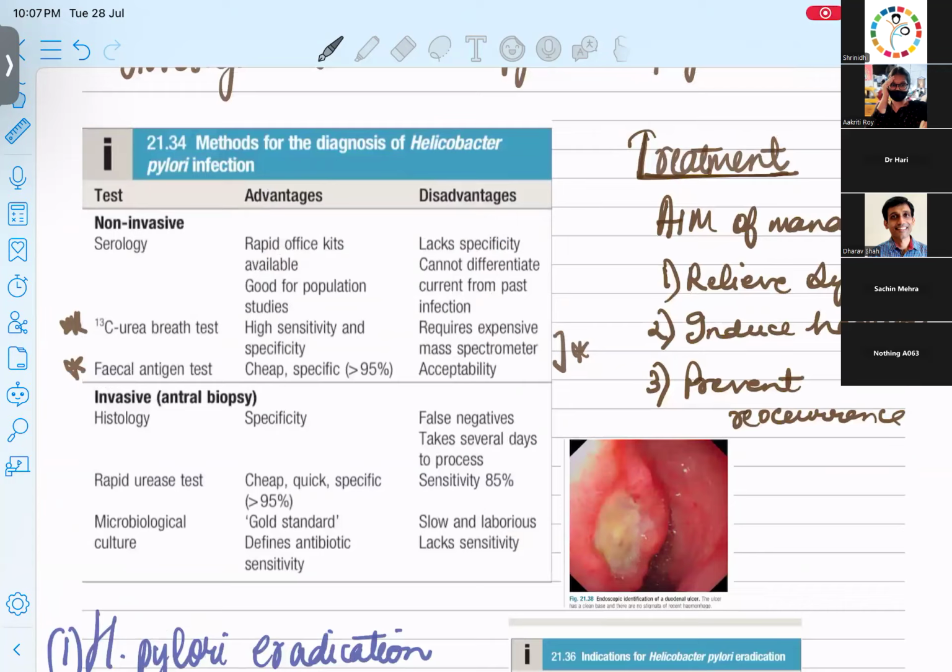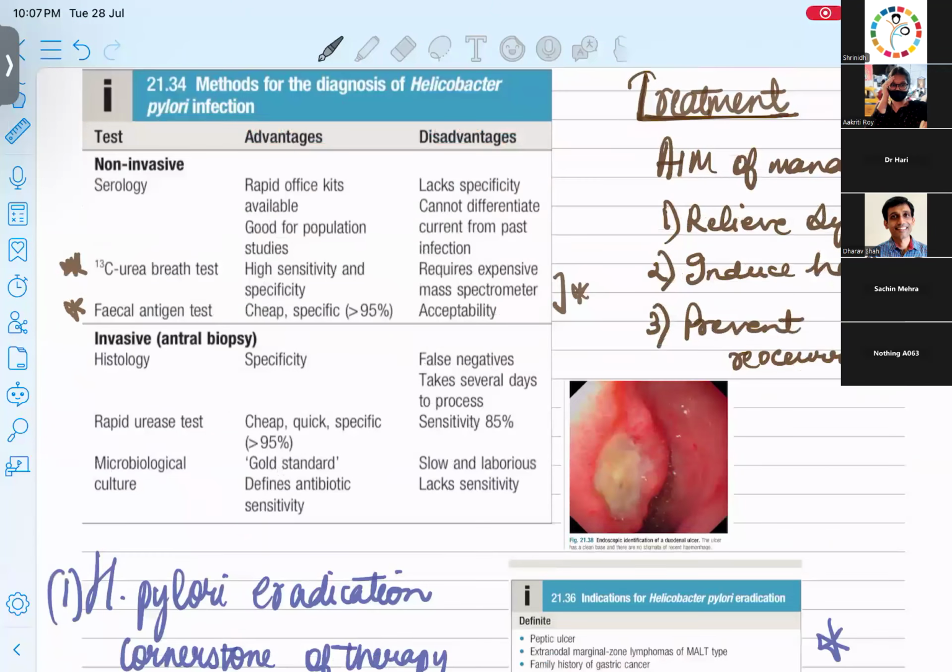In diagnosis, two important methods which are highly sensitive, cheap, and specific are the C-urea breath test and the fecal antigen test. They are very acceptable methods, though acceptability is a little disadvantage, but they are very cheap and the results come out very fast.